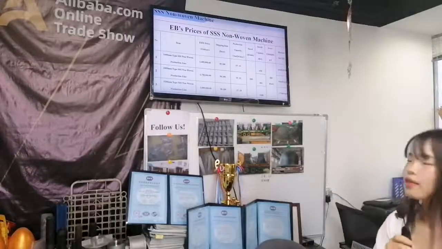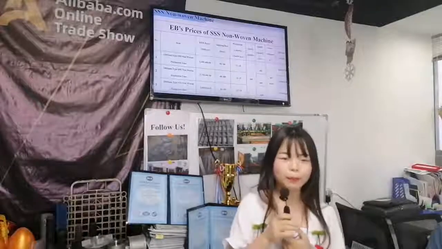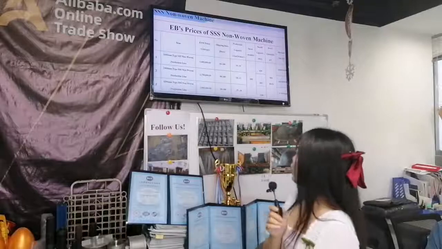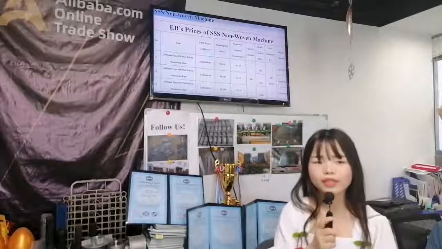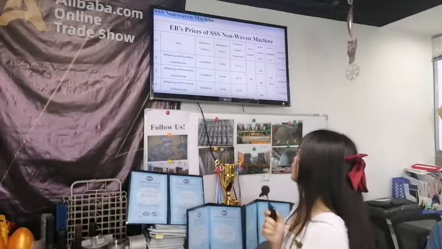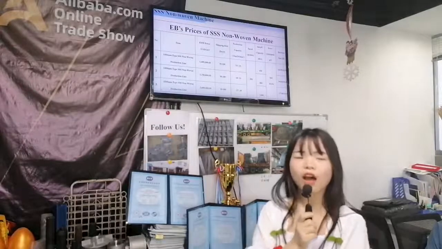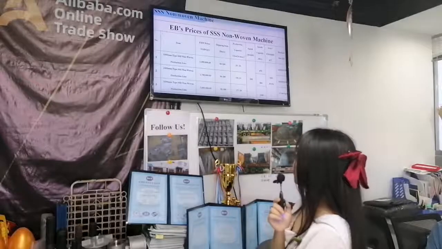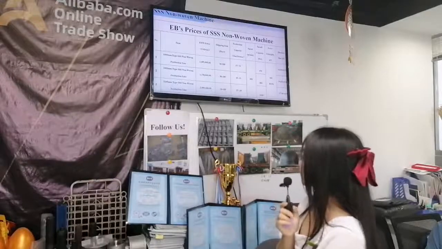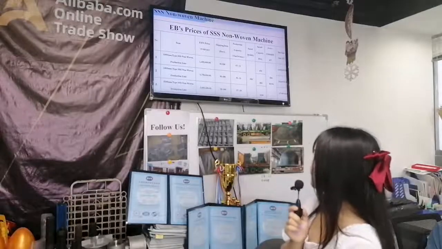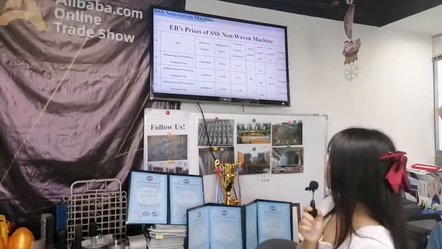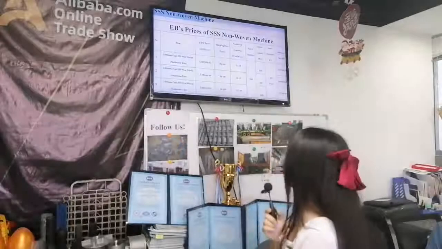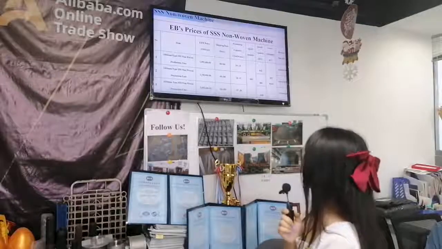EB's price of SS non-woven machine. Type 1 is the 16,000 mm type SSS non-woven production line. Its price is 114.85 million.